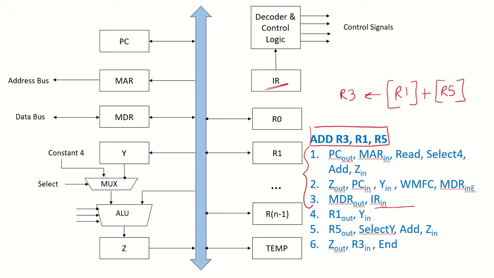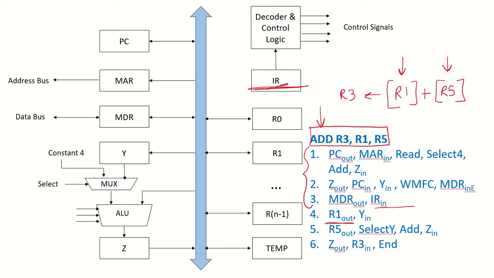So this instruction Add R3, R1, R5 is available here in the binary format. So now the decoder will decode the instruction. It knows that this is an add instruction. Also the source operands are R1 and R5. So these will be read.